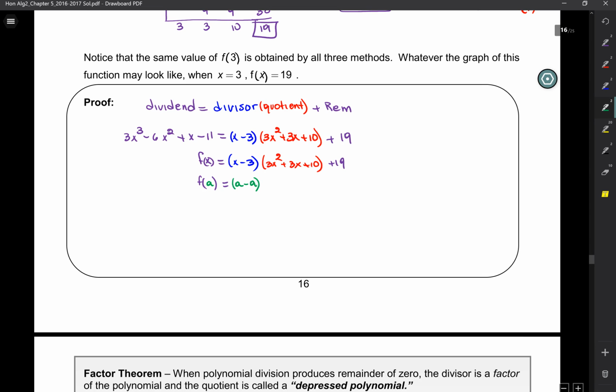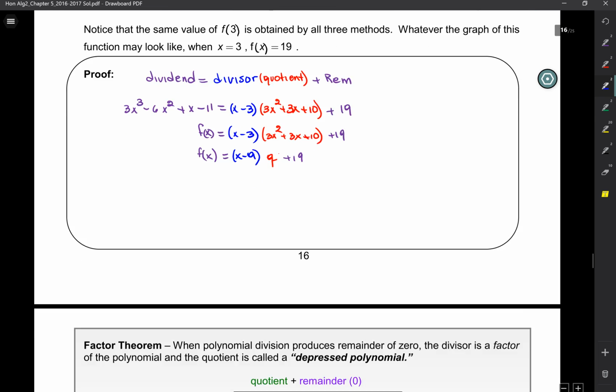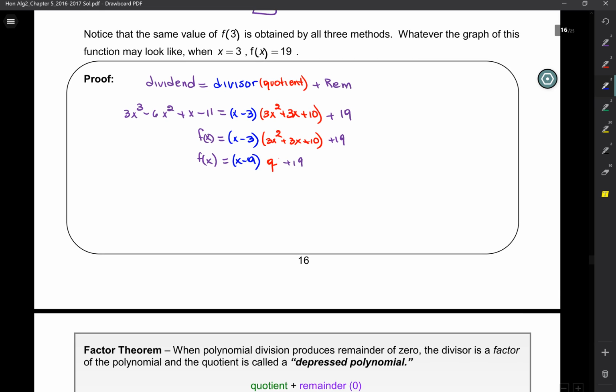A minus a, right? It's a minus a because, well, okay, let me add in one more step. F of x is x minus a times, I don't want to write this all over again, I'm just going to call it the quotient, plus 19. All right. Now, what is f of a?